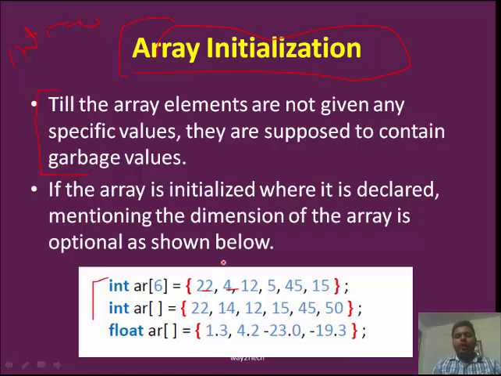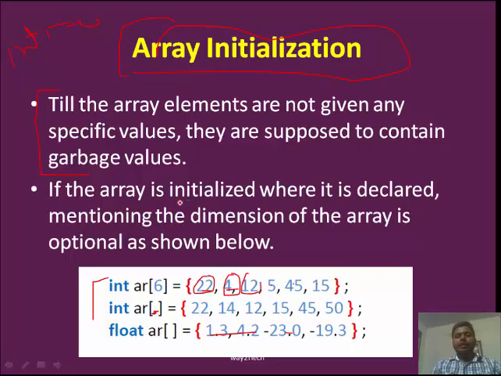Means AR of 0 has a value, AR of 1 will have a value, AR of 2, 3, 4 and 5. In this case you can also omit the size, you need not give the size over here. Similarly for float, float AR, you are giving some float values here, it will automatically compute the size, like the size will be 4 over here.